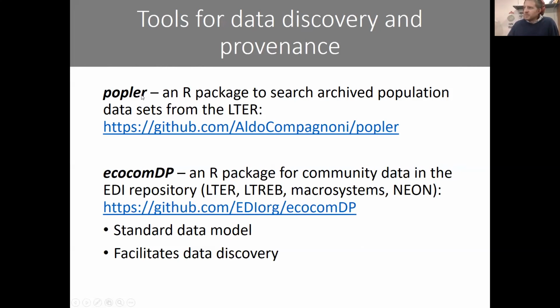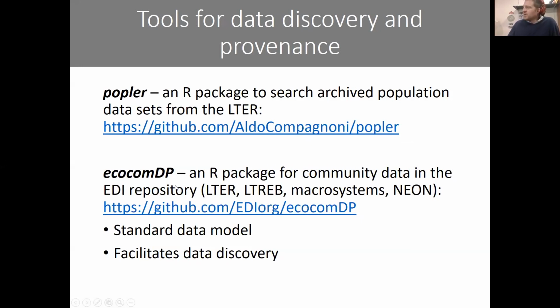It's a searchable database of population data sets from the LTER, in a standard format. And of course, a lot of the population data sets have multiple species, which makes them amenable to a community or metacommunity type of analysis. I want to direct you to the Popler GitHub page if you're interested, or contact us and we can put you in contact with that group if you're interested in how to use their R package. It's been really helpful.